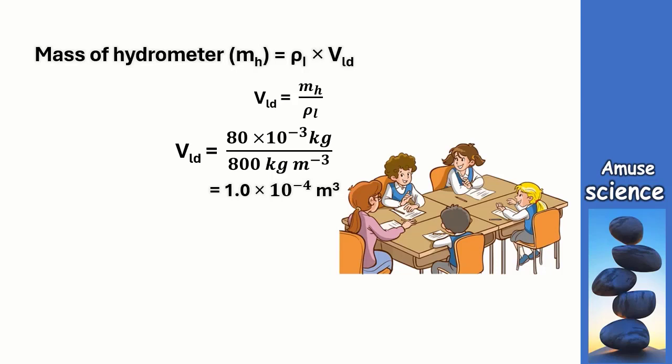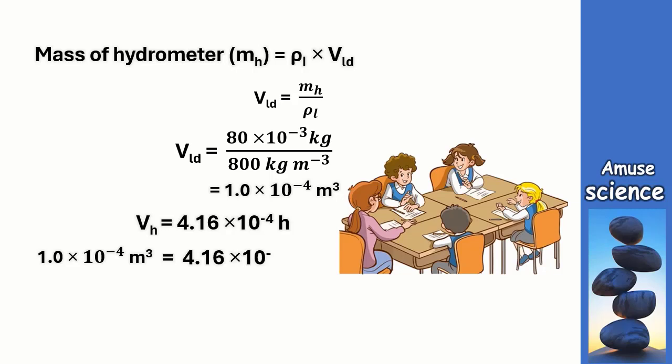cubic meters. So let's now substitute this into the relation that we had earlier, which is VH is equal to 4.16 times 10 exponent minus 4 H. And this is going to give us 1.0 times 10 exponent minus 4 cubic meters is equal to 4.16 times 10 exponent minus 4 H. Now I want to find H, so we divide 1.0 times 10 exponent minus 4 cubic meters by 4.16 times 10 exponent minus 4 meters squared.